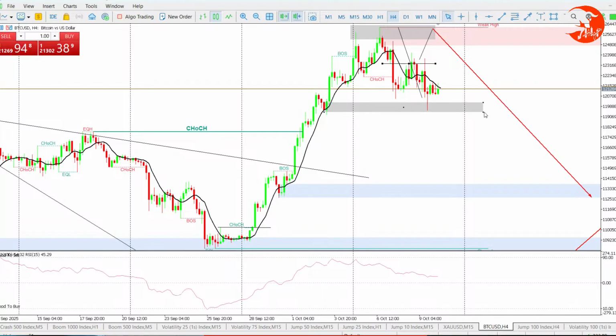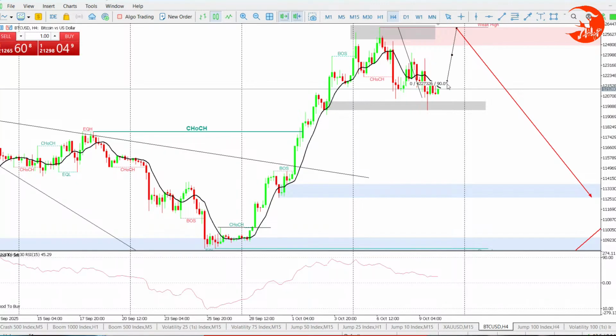That kind of an order block is now considered to be a support level according to H4. So if that's the case, then we already know it's going to take a pullback for this market to break this support. So this kind of a pullback is what we are still considering.